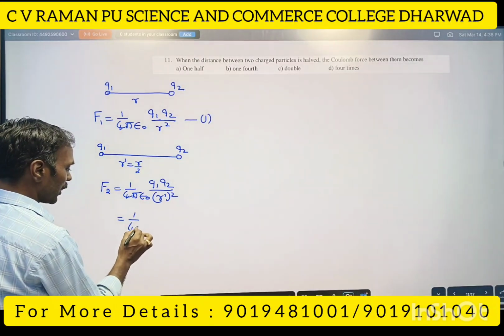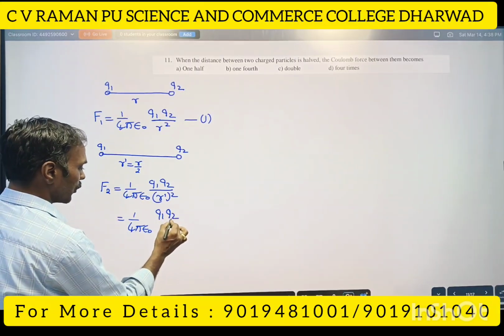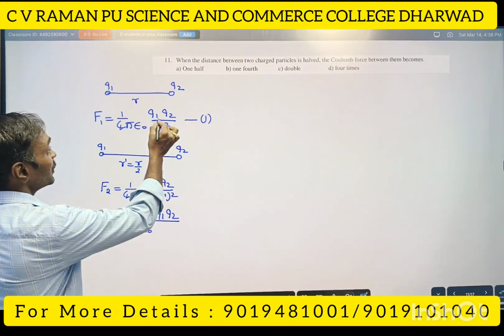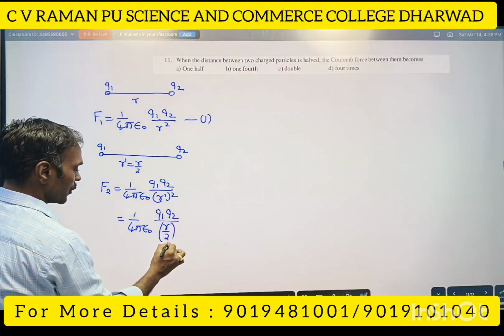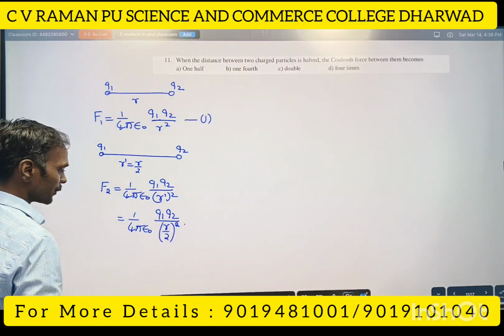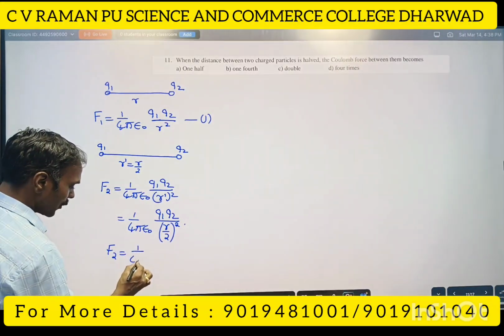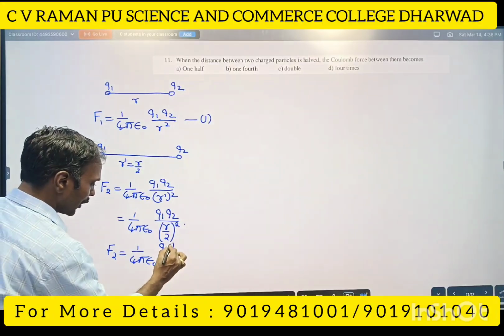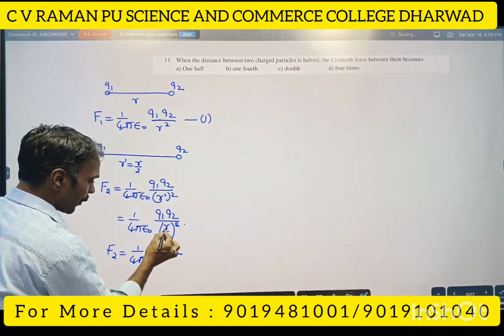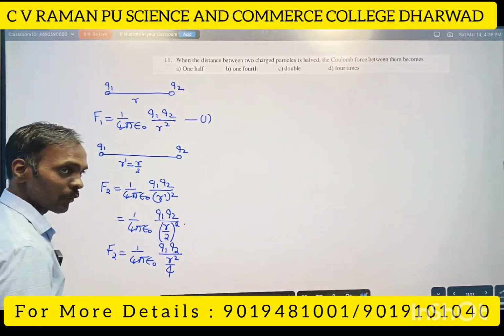Once again we can write it as 1 upon 4 pi epsilon naught Q1 into Q2 divided by r dash square. What is r dash? r dash is r divided by 2, the whole square. So F2 is equal to 1 upon 4 pi epsilon naught Q1 into Q2 divided by r square divided by 4.